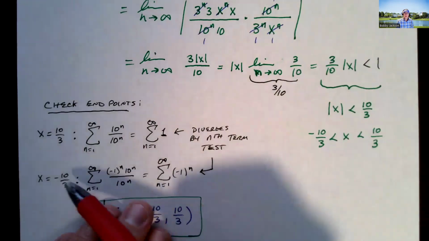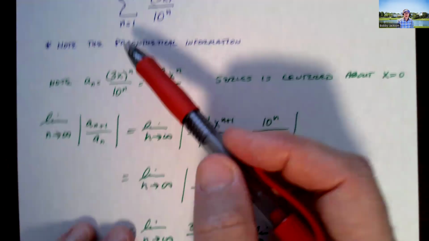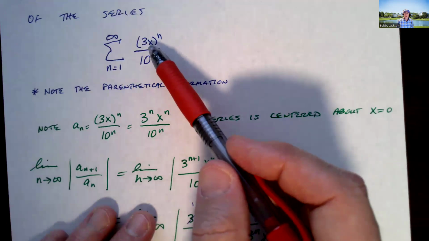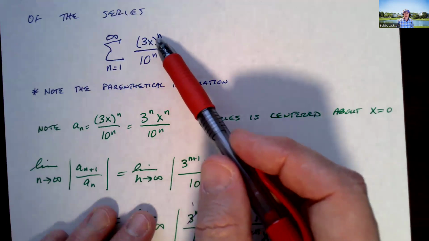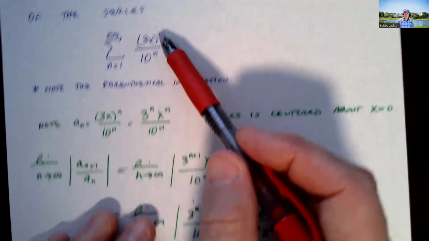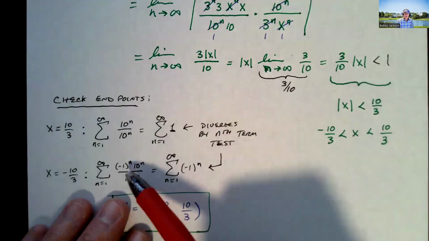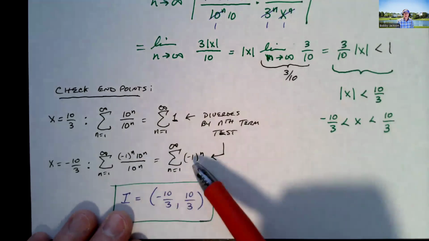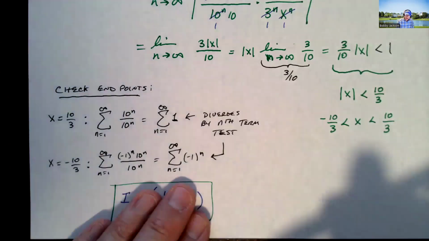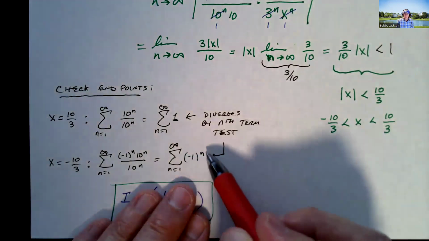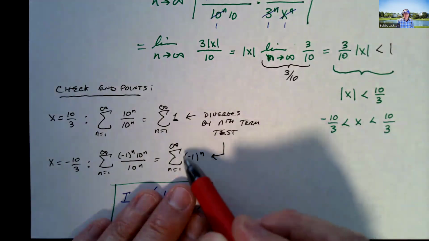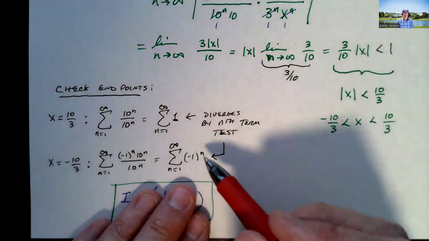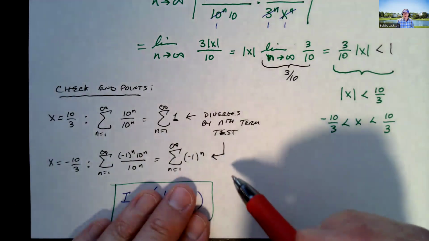Well, if we plug in negative 10 thirds, I will get 3 times negative 10 thirds is negative 10, so negative 10 to the n over 10 to the n, and negative 10 to the n can be written as negative 1 to the n times 10 to the n. So that simplifies down to just negative 1 to the n. And the limit as n goes to infinity of negative 1 to the n does not exist, right? That sequence is bouncing between negative 1 and positive 1 forever.